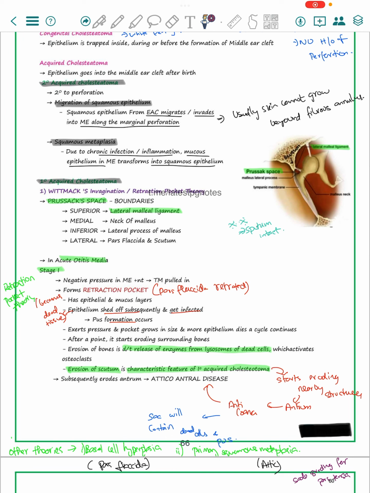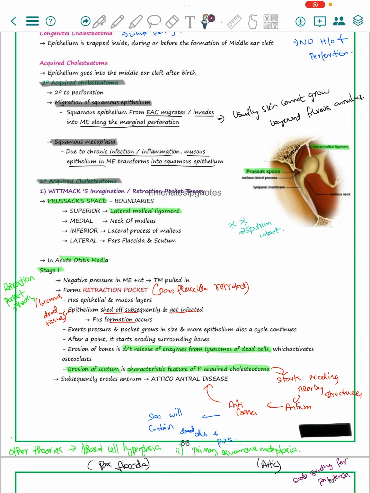In acute otitis media there will be different stages. In stage 1 there will be negative pressure inside the middle ear, so the tympanic membrane gets pulled in, and suddenly this Prusak space will be retracted. The pars flaccida will be retracted. This contains squamous epithelium and a mucous layer.